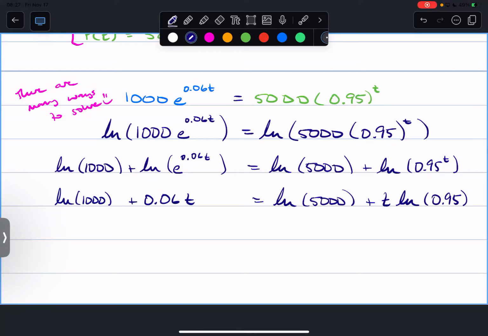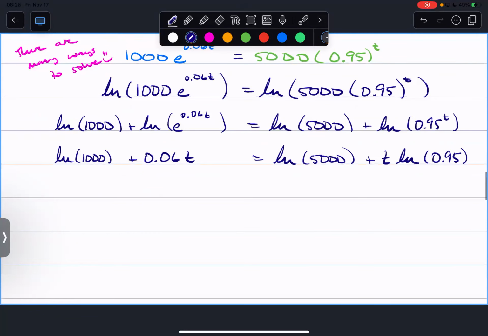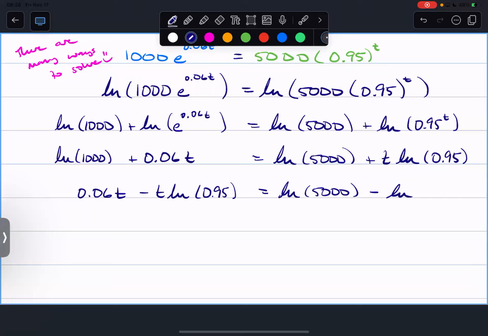So now I've got t's that I'm gonna collect like terms. And so now I'm gonna do my mega move. I'm gonna do 0.06 t minus t times the natural log of 0.95, right? Collecting all my t's to the left. And then I have the natural log of 5000 minus the natural log of 1000.